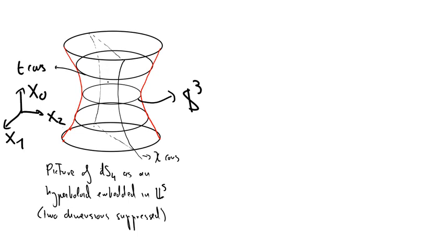Right, and now, once we have this visualization, we want to learn about the global causal structure of this solution, and so we will perform a similar procedure as the one we did for Minkowski spacetime, right?